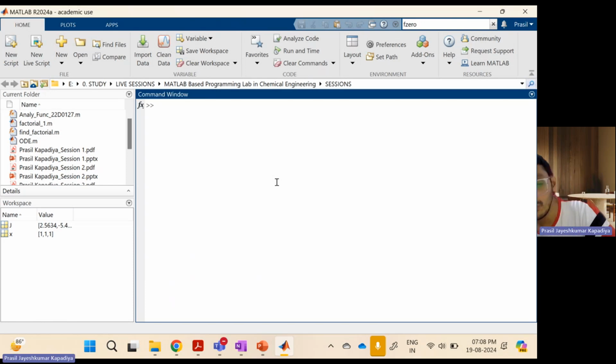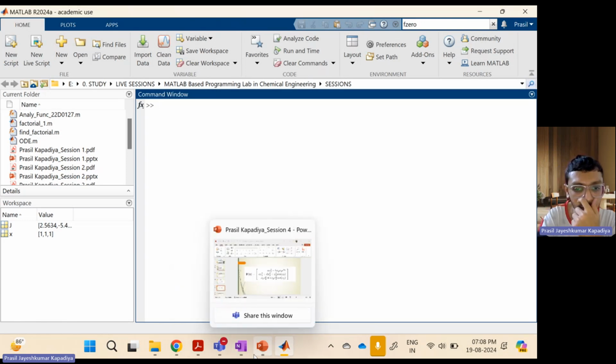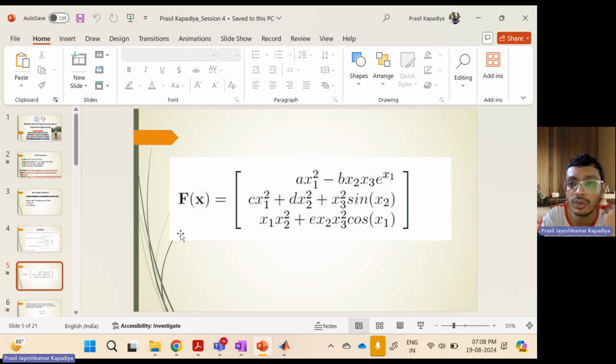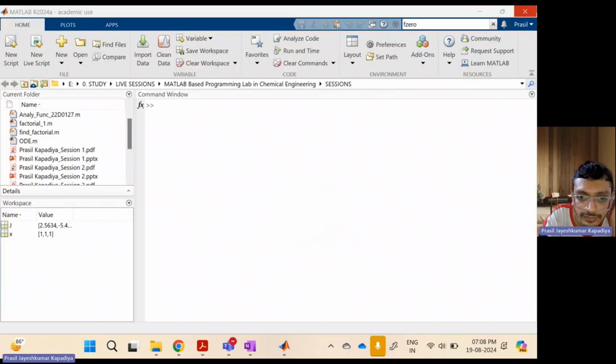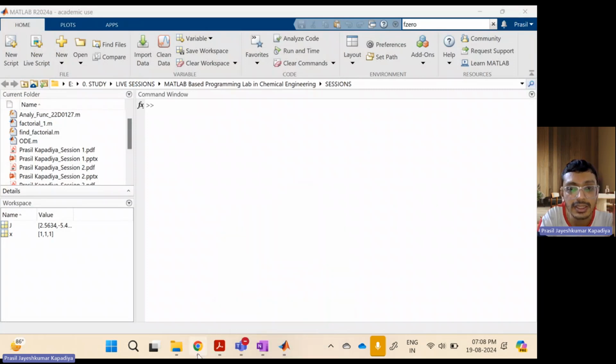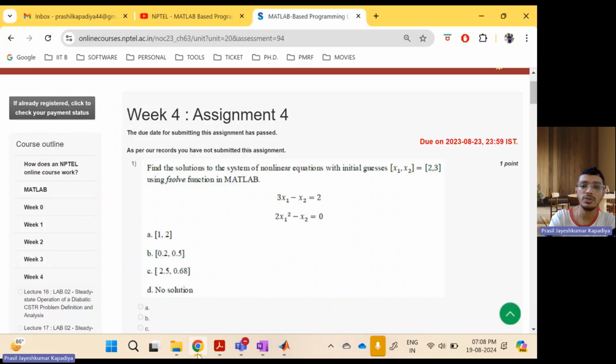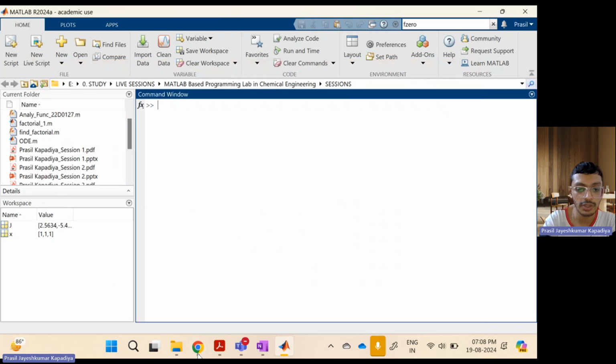Okay, so what I need to do, I have equations. Like the previous problem, we have two ways of solving it. Let's check it using both ways. These are the same questions I have copied here. So the first question is this: 3x1 minus x2 is equal to 2, 2x1 square minus x2 is equal to 0. So I will define f is equal to, I have two variables, right? x1 comma x2. Then I will write my two equations one by one.